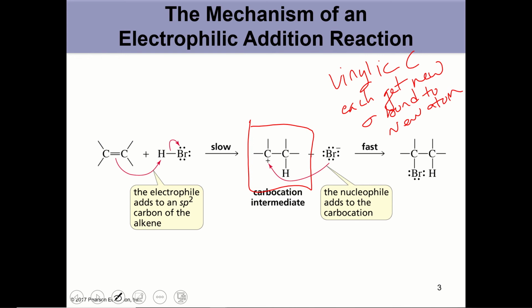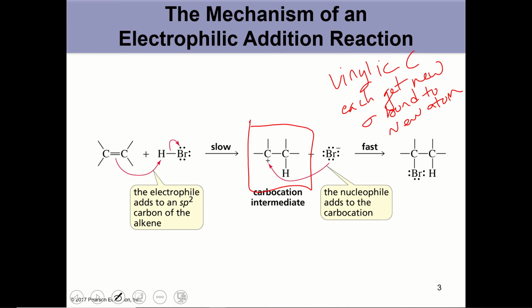Okay, the mechanism of an electrophilic addition reaction. Most of the reactions we're going to be covering in this chapter are going to be electrophilic addition reactions. And we're going to start with a mechanism that we actually looked at in the last chapter, and that is the addition of HBr to a pi bond.